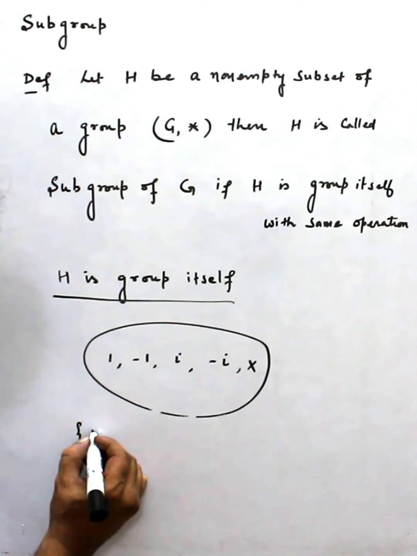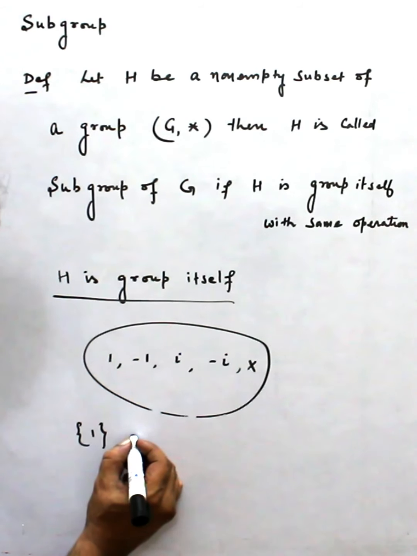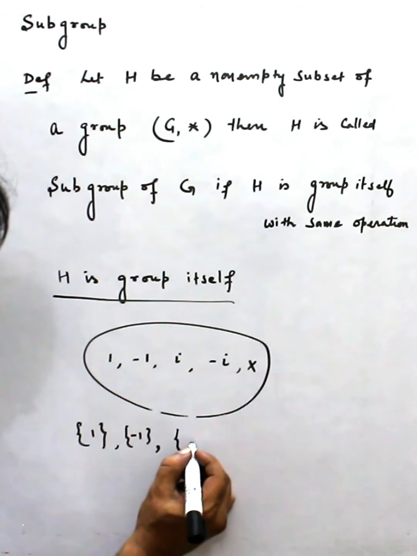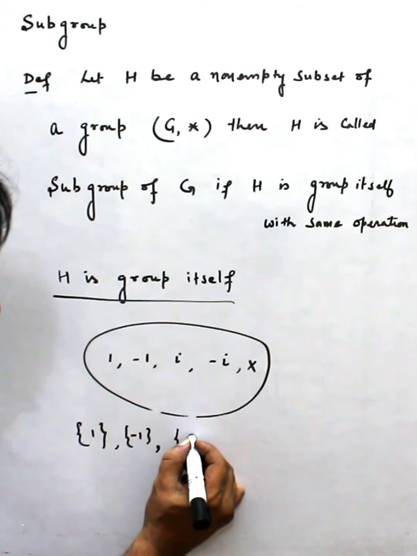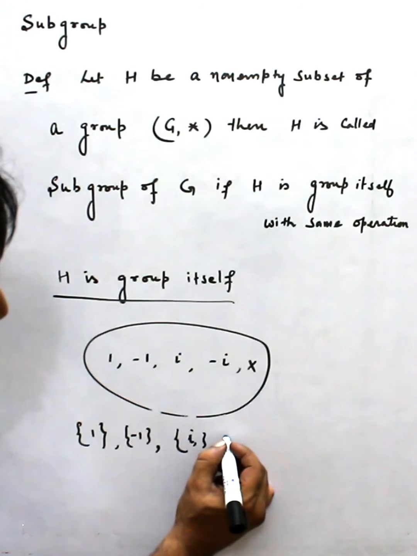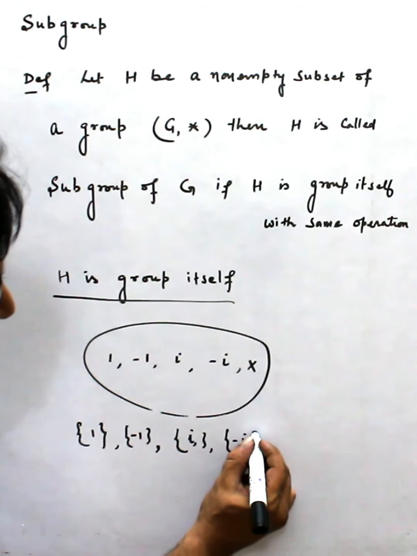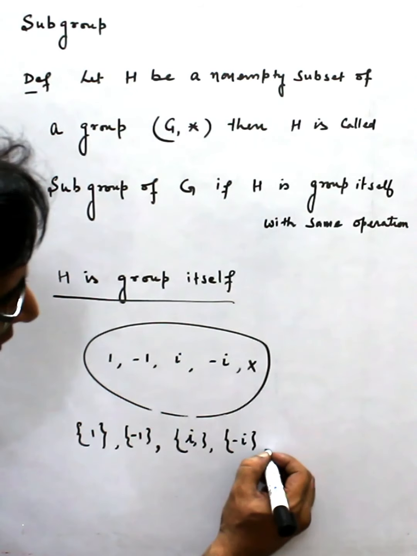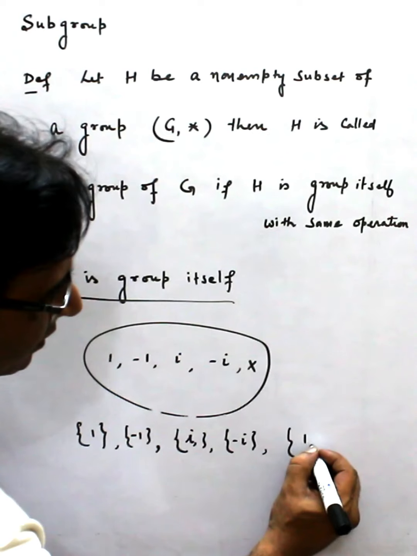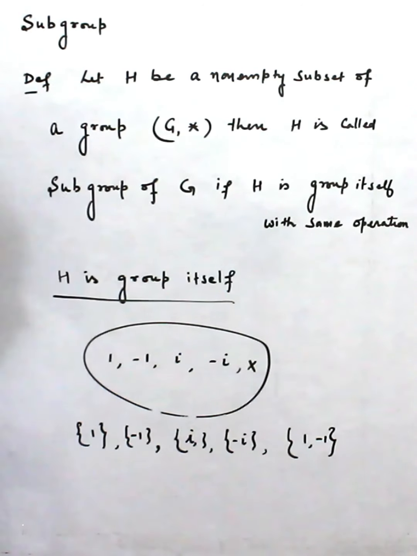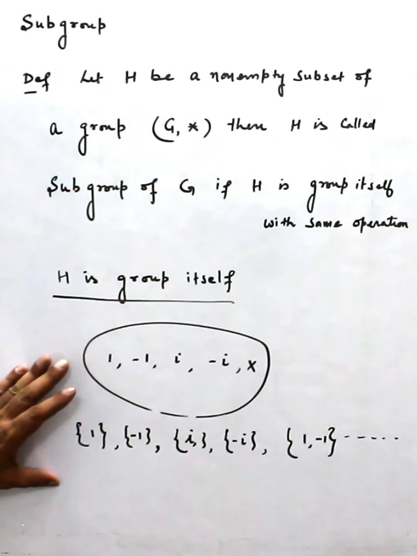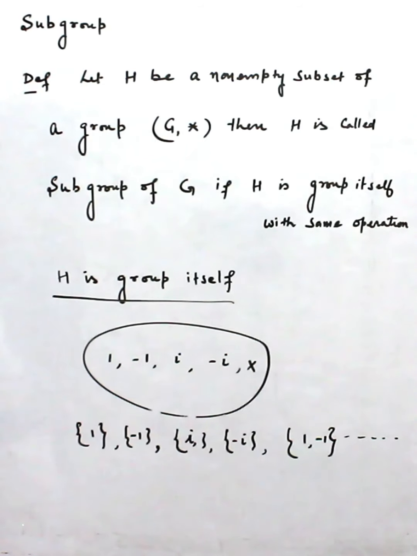I can say this is a subset, this is a subset, this is a subset, this is a subset, this is i. Similarly many others. But our interest is which subsets are subgroups.